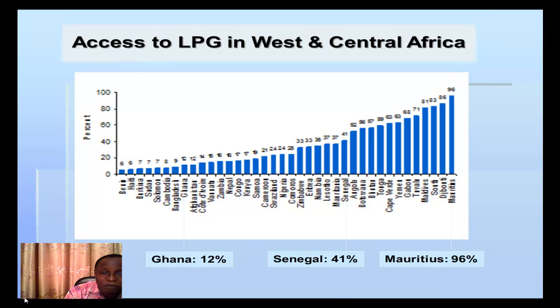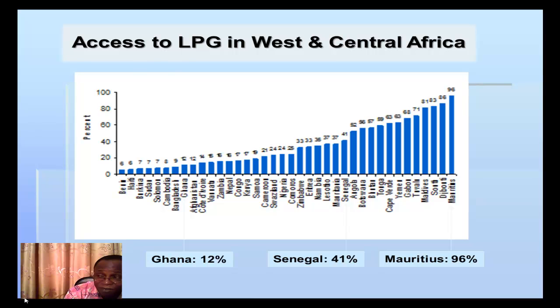Now, if we move on to cooking fuels, the case here is for LPG, where one can see countries like Benin, Burkina Faso having less than 10% access to LPG, and all the way up to Mauritius that has about 96% access to LPG.